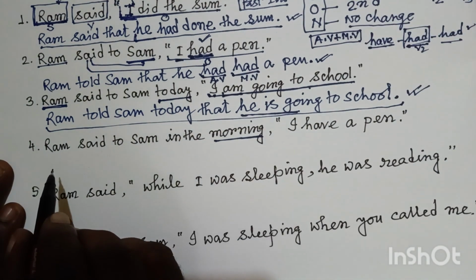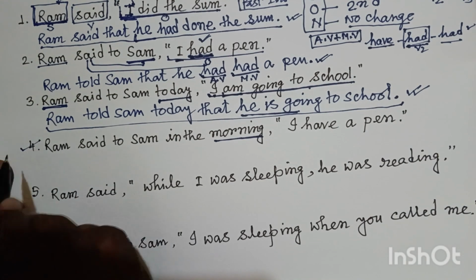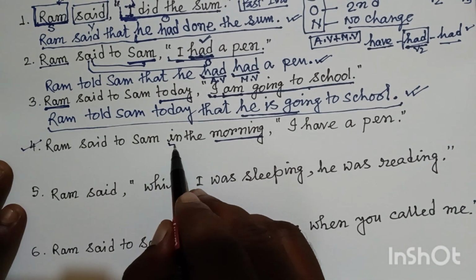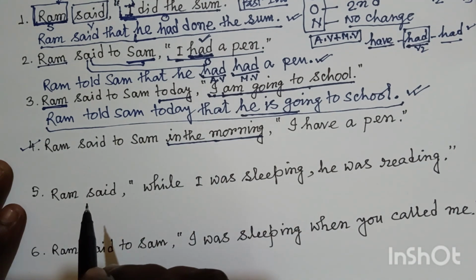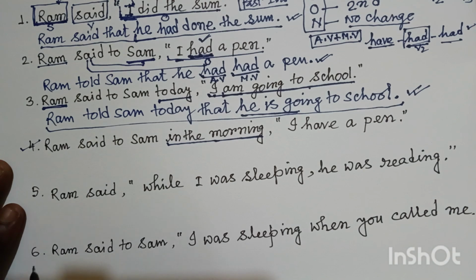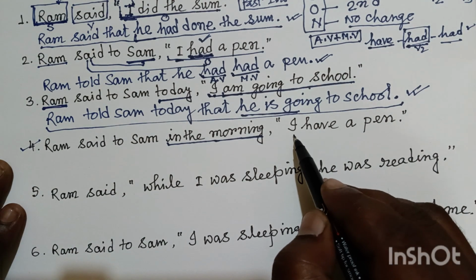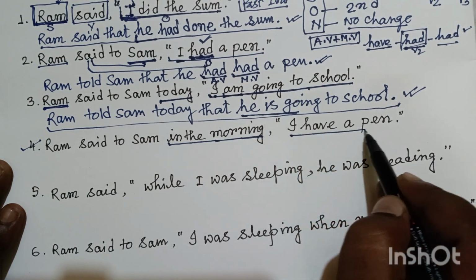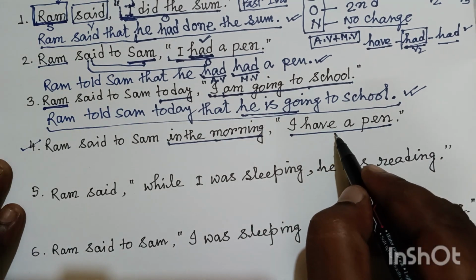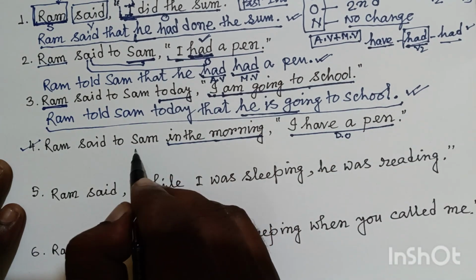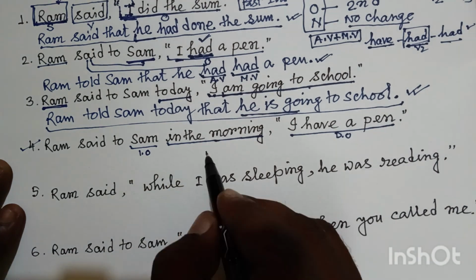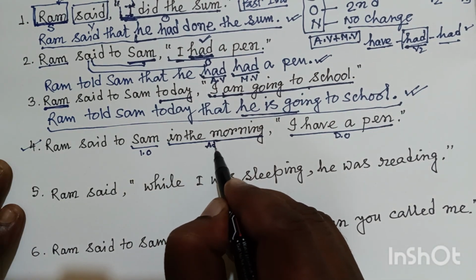Now friends, let's look at this sentence. Sentence number 4. "Ram said to Sam in the morning, I have a pen." Look, there is a time phrase. This is an adverb of time.